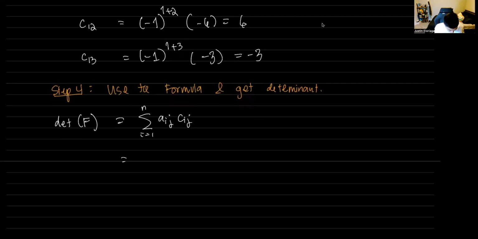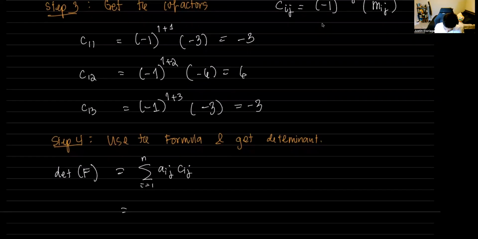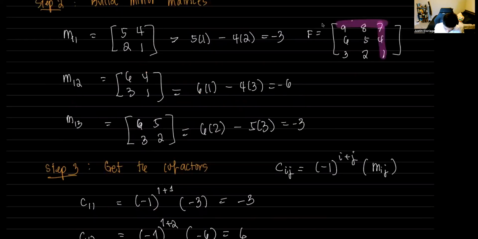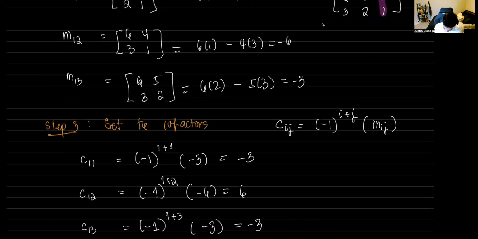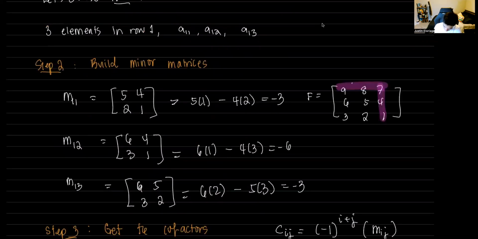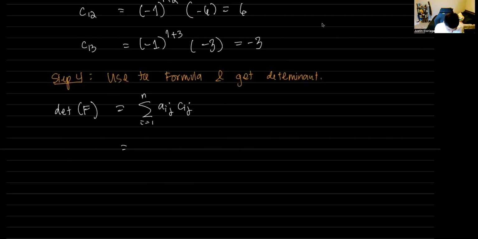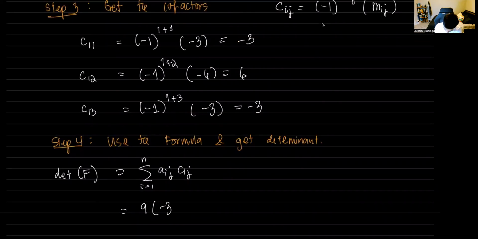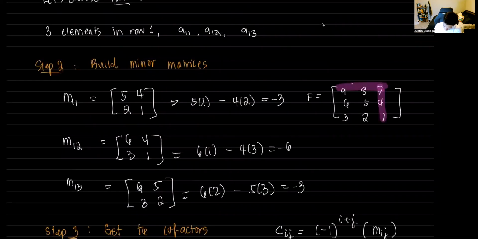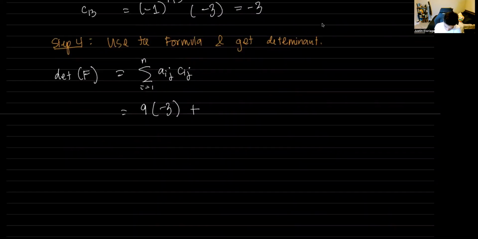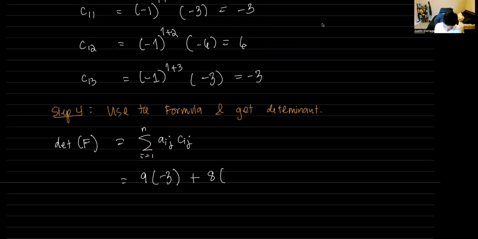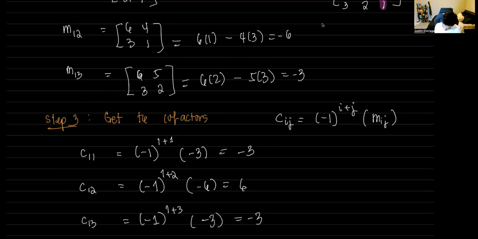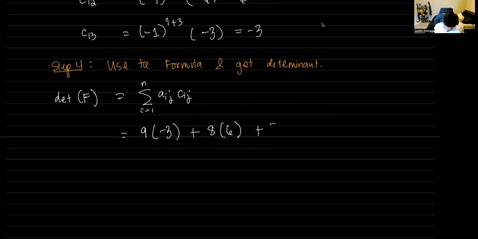So this is just simple. Our element A11 is 9, so 9 times the first cofactor, -3, plus the second one is 8 times the second cofactor, 6, plus the last one is 7 times the last cofactor, which is -3.